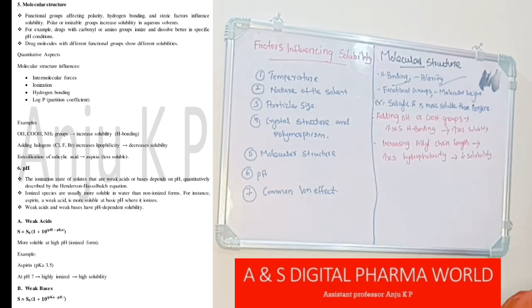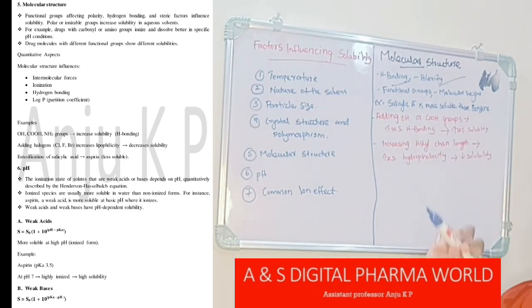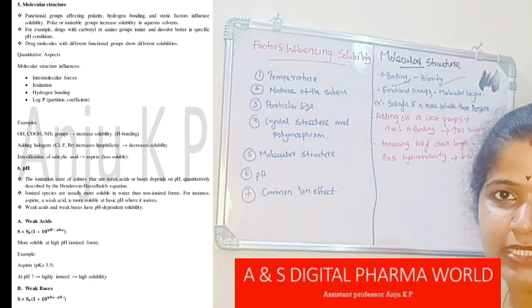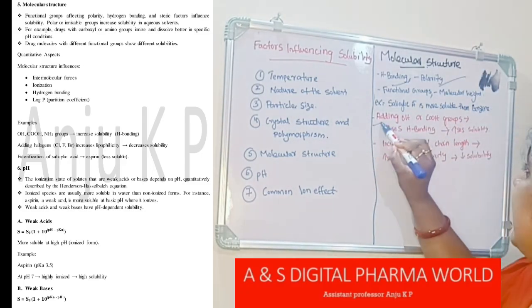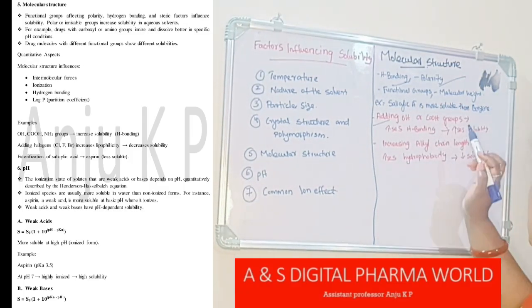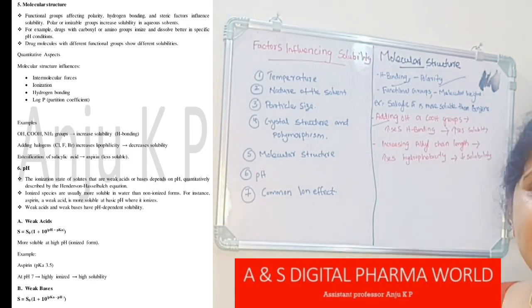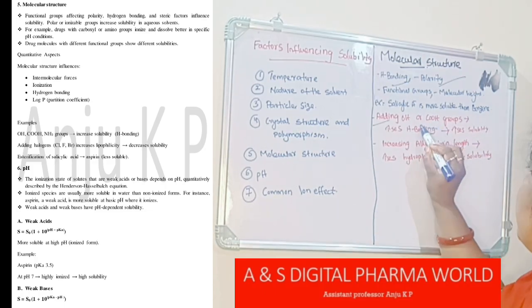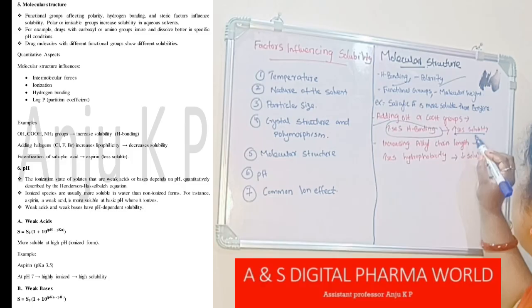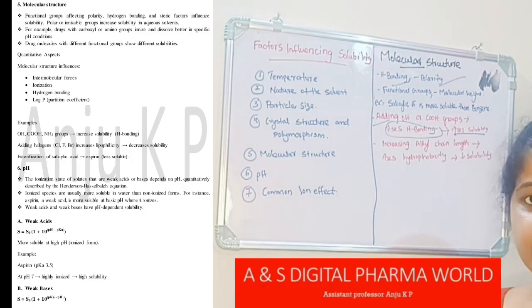You can give an example: salicylic acid is more soluble than benzene. How? Because adding a hydroxyl group or carboxyl group increases the hydrogen bonding. If the hydrogen bonding increases, gradually the solubility also will increase.